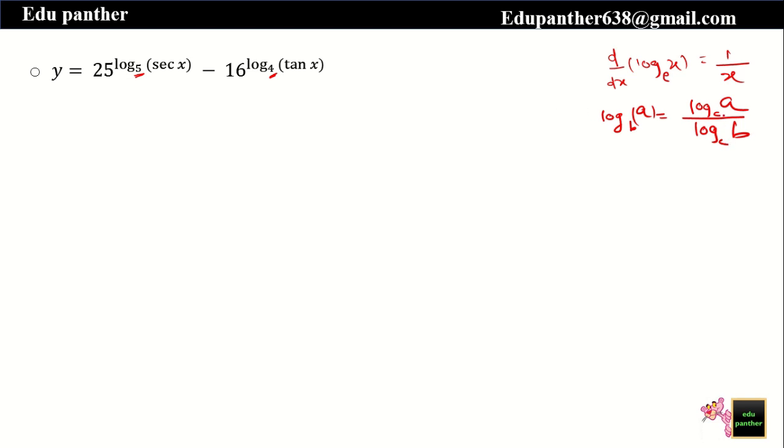So using this formula we can change the base, and then remember one more important property of log: log of a raised to m to the base a will be m, as in if this term and the base of log are the same, only this power will remain, which is m here, and the special form of this property is log of a to the base a is 1. So using these properties we'll try to find the derivative of this term.